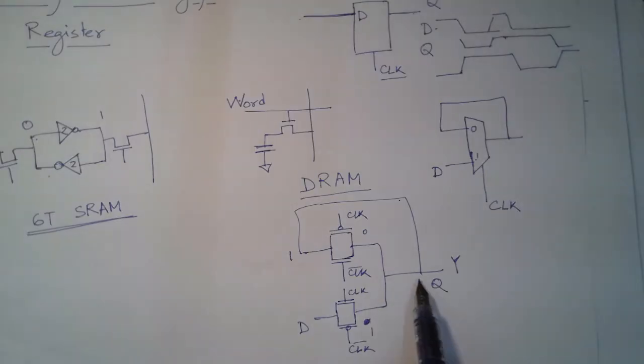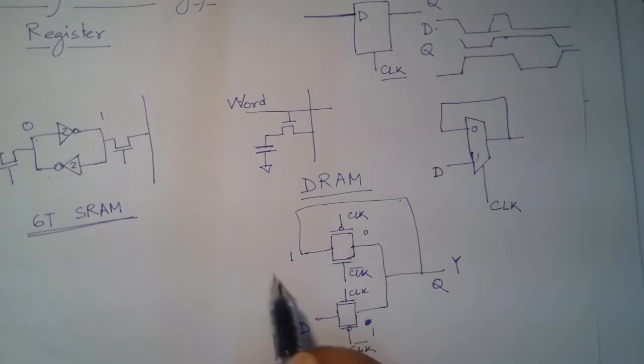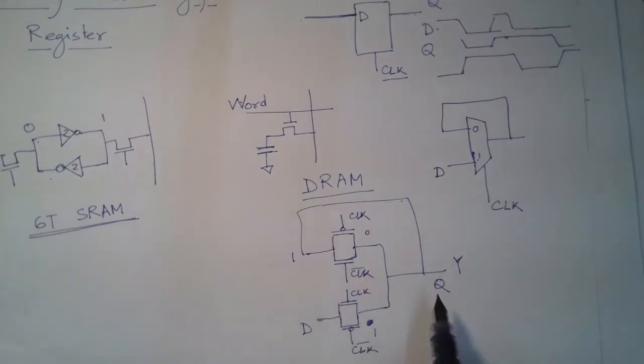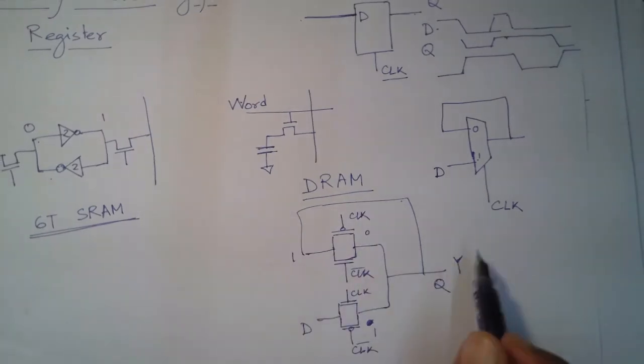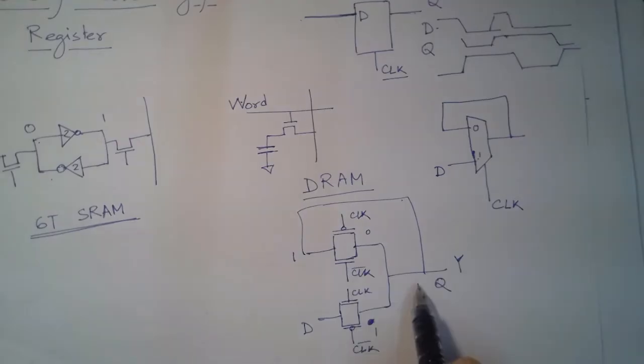Here we are assuming that when the clock is low, this feedback itself will keep my data secure. So, if I had an output which is high, till the point clock remains low, I will have a high output here.